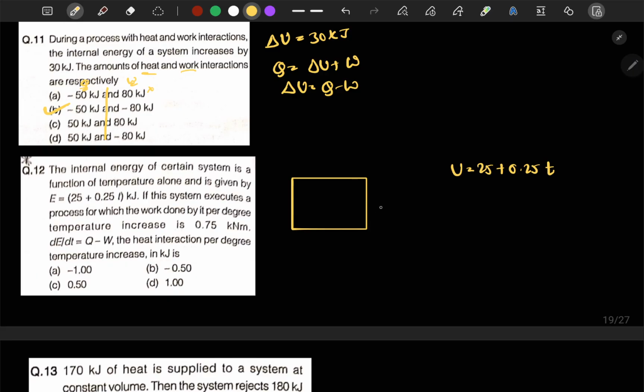Okay, if we increase the temperature by 1 degree, we get a work of 0.75 kilonewton meter for 1 degree rise in temperature.